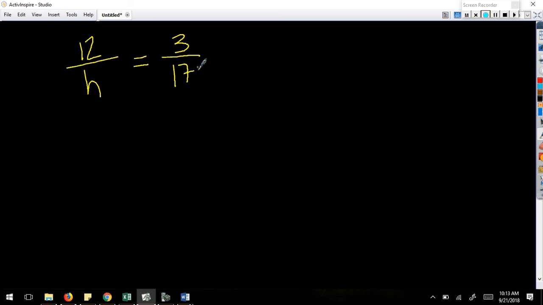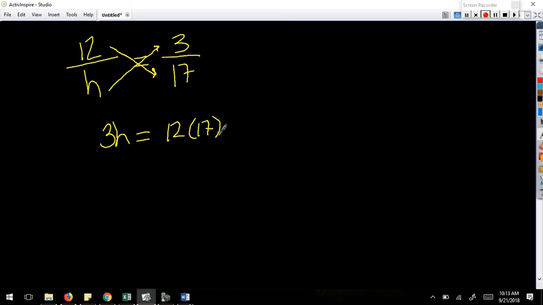We'll come up this time first instead of down: H times 3, equals 12 times 17. As long as it's the top of one and the bottom of the other and vice versa, it doesn't matter.